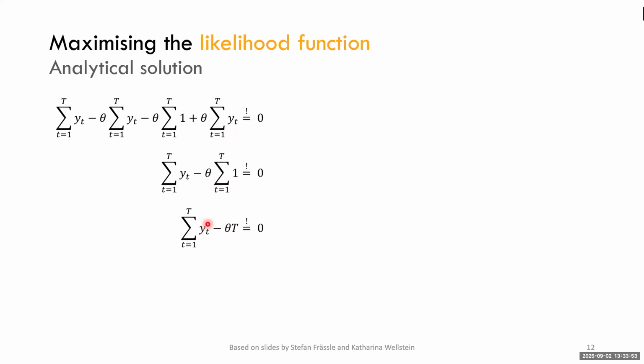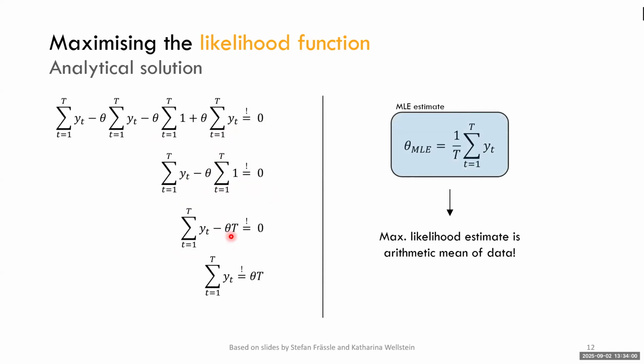And so now we have this sum minus theta t, bring over the theta t onto the other side. And then finally, we have our MLE estimate, which is, going from here to here, we're just dividing both sides by t. And so that's why we get this final MLE estimate, which is, if you look at it, just the arithmetic mean of your data.